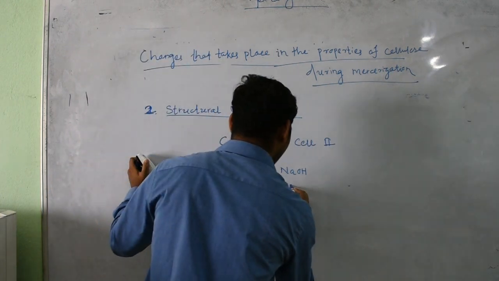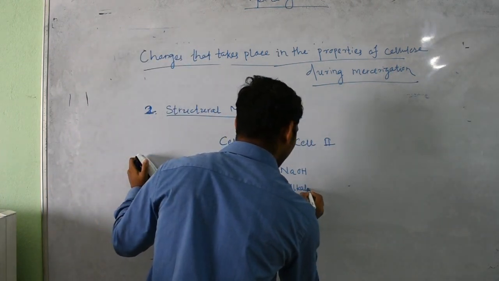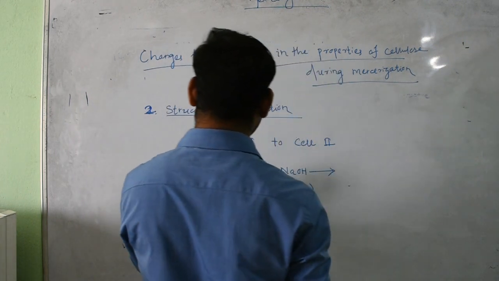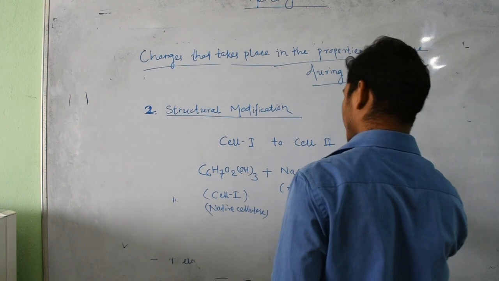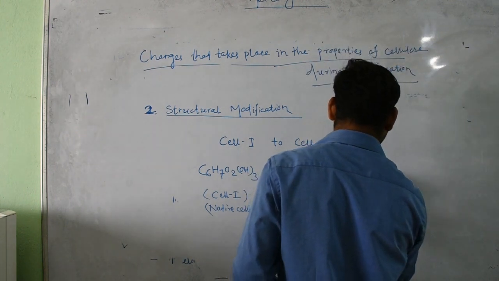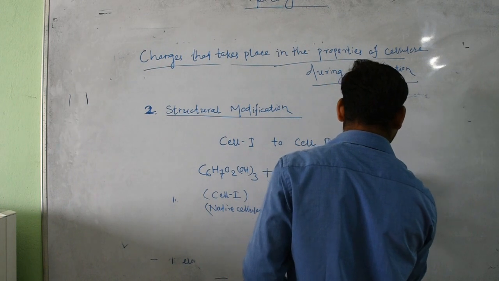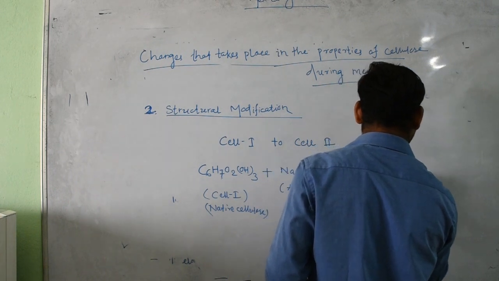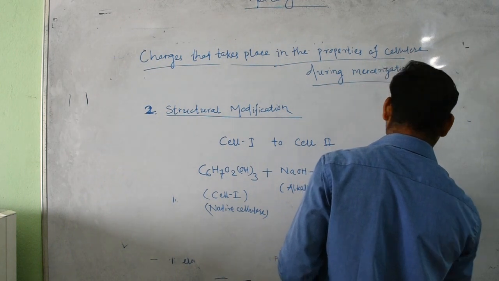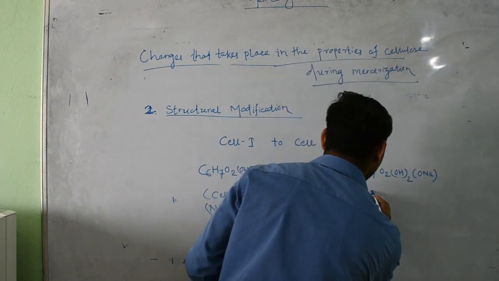This is the alkali, that is sodium hydroxide. When this cellulose 1 reacts with sodium hydroxide, it gets converted into this, which is called as sodium cellulose.